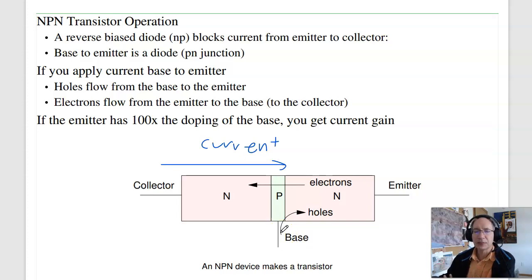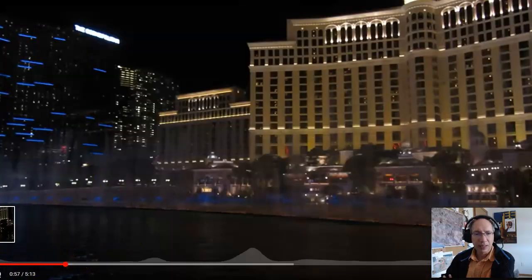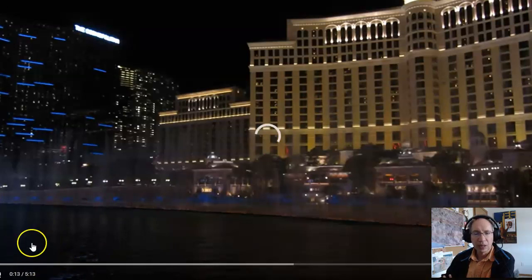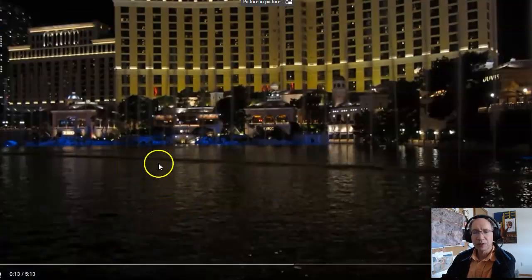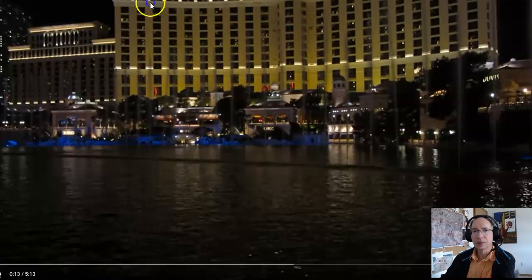And that's kind of like the video over here. At the start of the video, all the valves are closed, all the transistors are off, there's no water flow. As I increase the base current, I get more and more electron flow. That's kind of like over here.